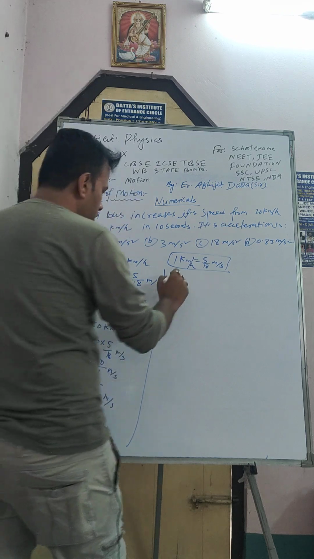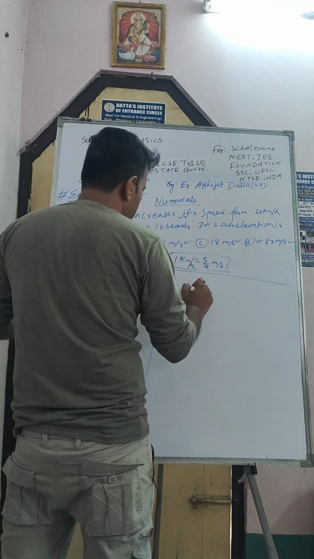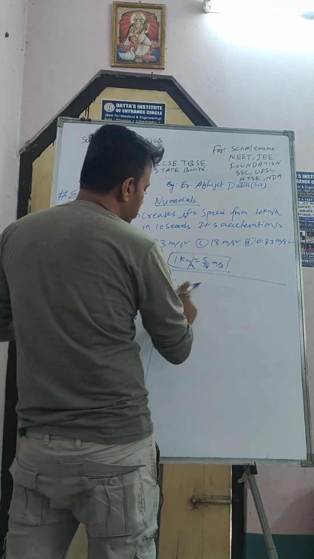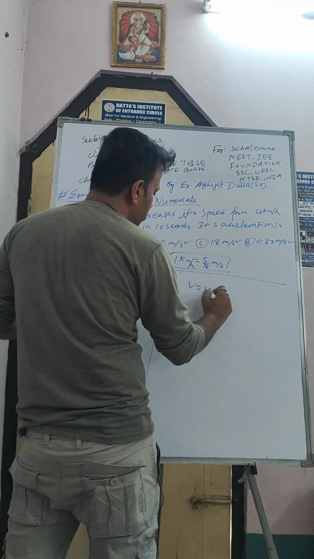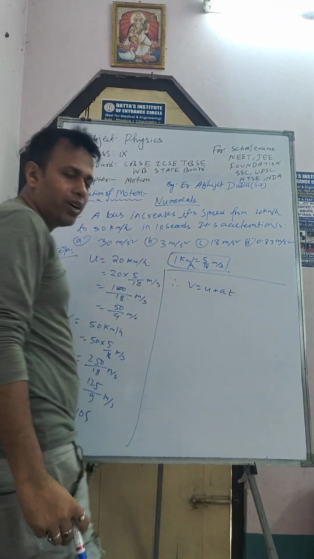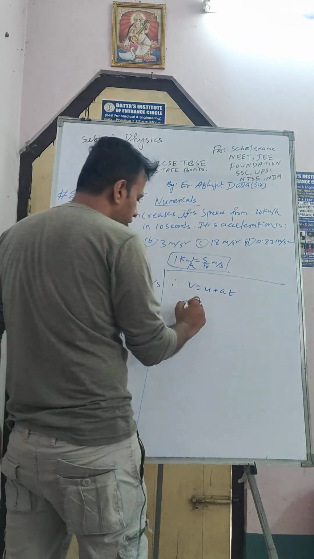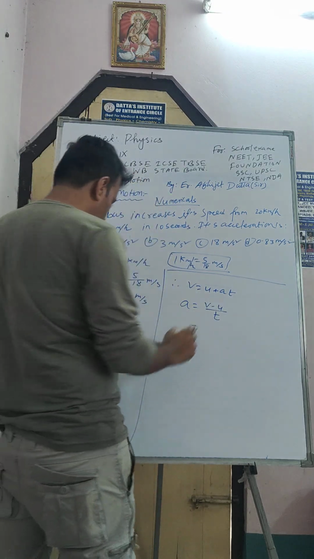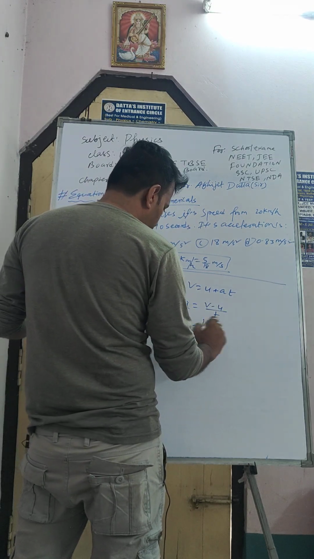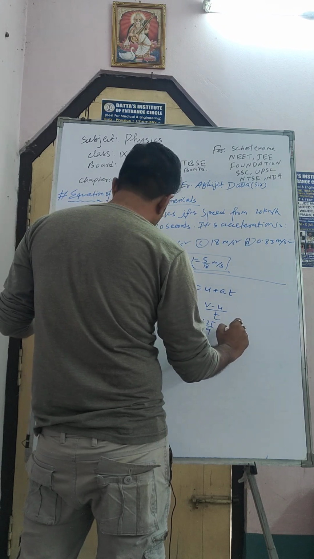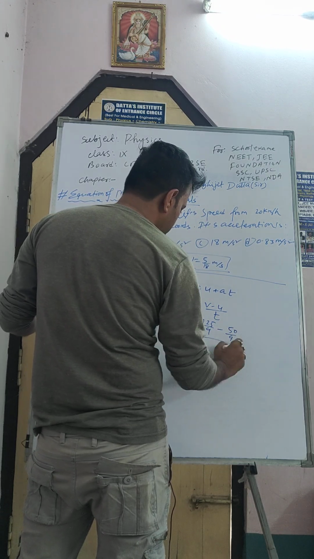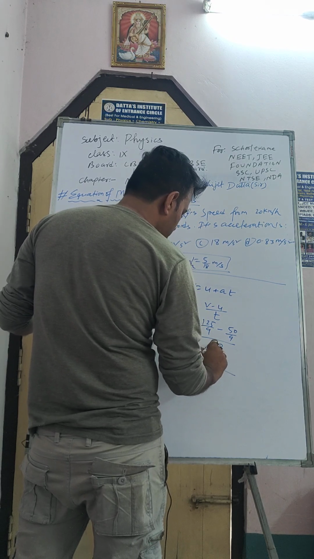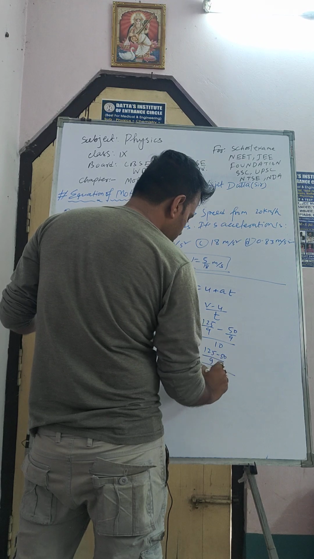We know that v equals u plus at, from the first equation of motion. From that we can write a equals v minus u by t. So v is what, sir? v is 125 by 9 and u is 50 by 9, t is 10. So if I do the LCM, it is 125 minus 50 by 9, all over 10.